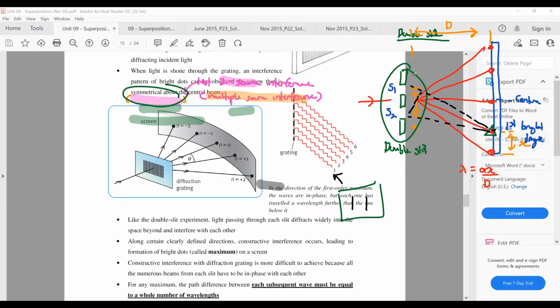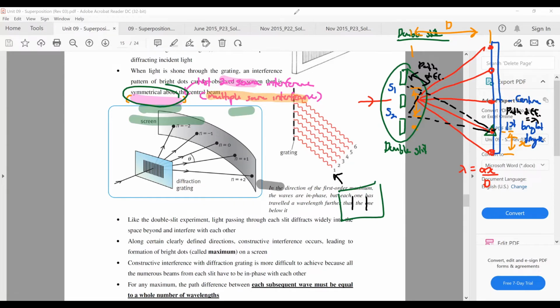They have a certain path difference, and the difference in the path they travel determines whether it's constructive or destructive. In the case of the first bright fringe, the path difference is just lambda. Wave S1 will arrive one wavelength later than wave S2. They interfere constructively, giving you your bright fringe.